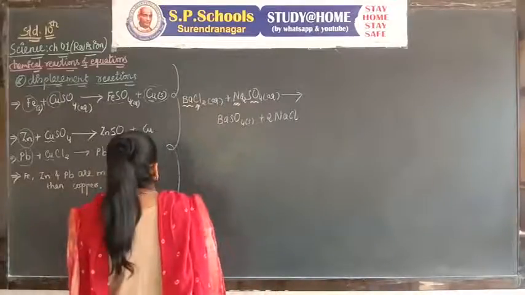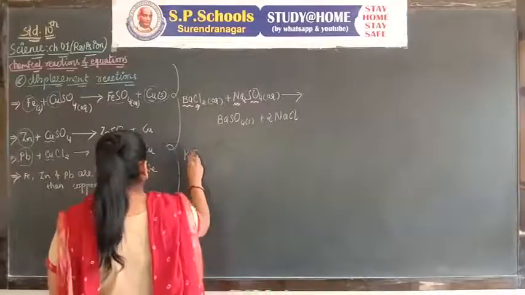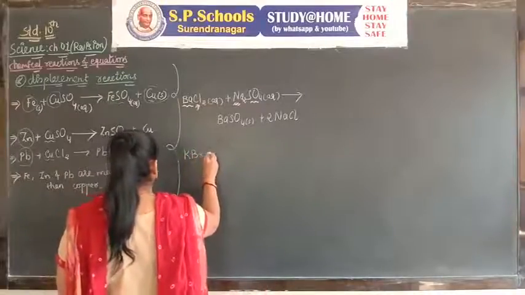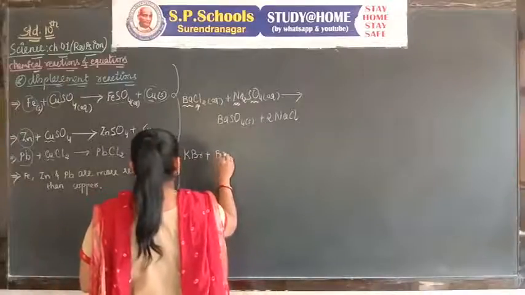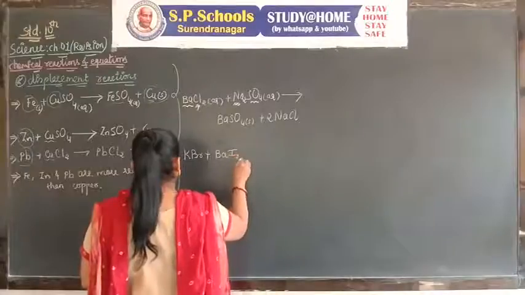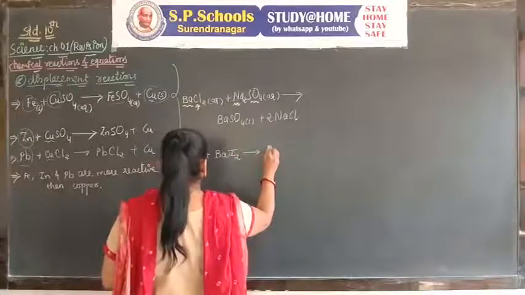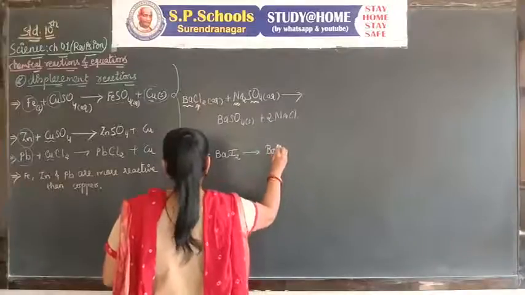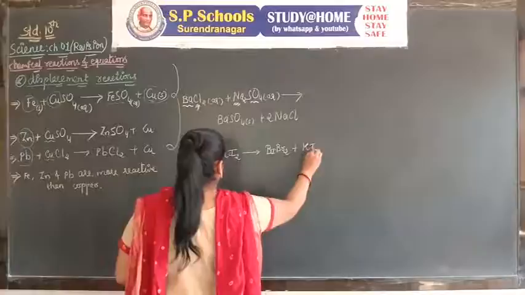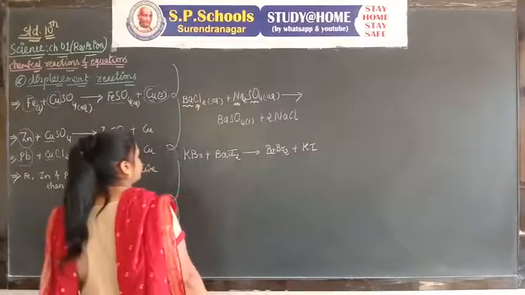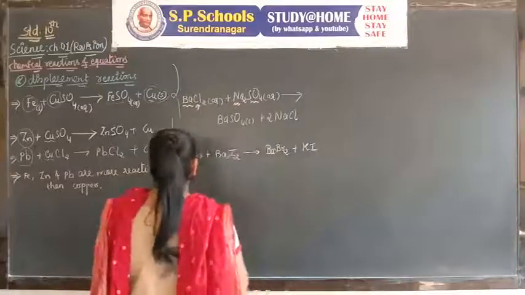Let's see another example. If potassium bromide reacts with barium iodide, the formation of BaBr2 plus KI, potassium iodide, occurs.